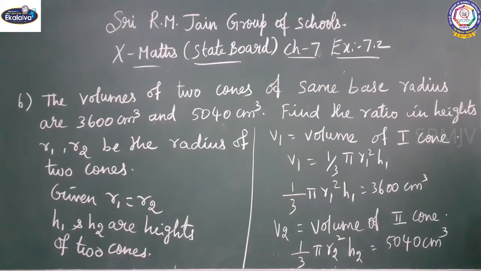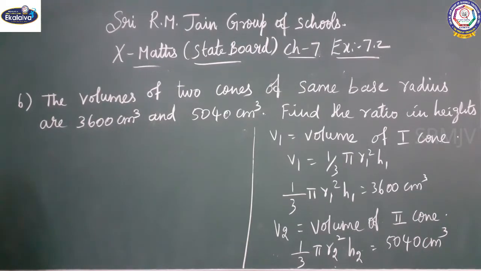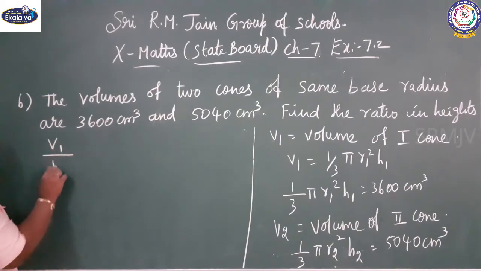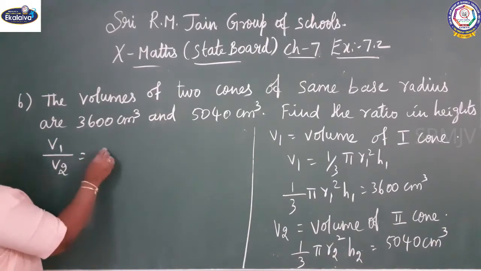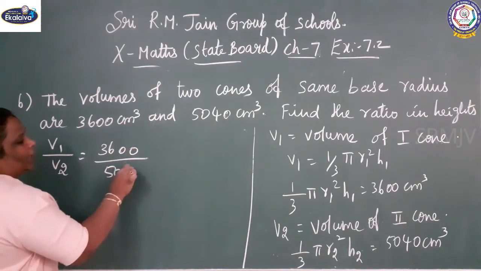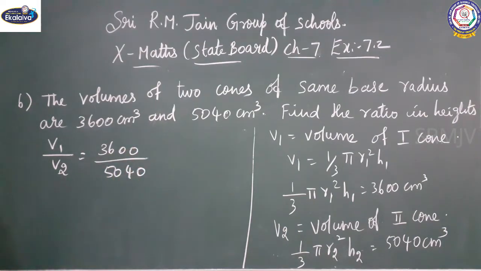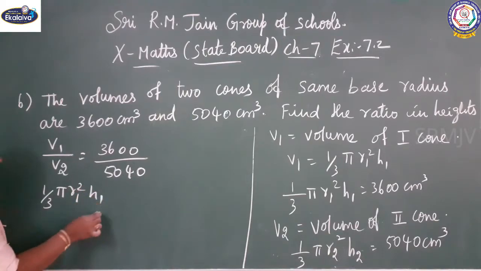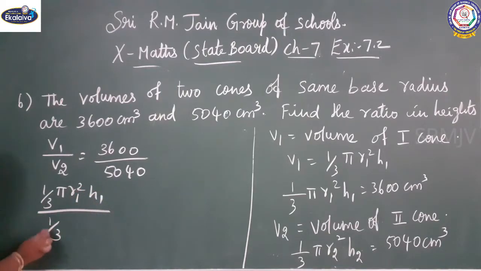Now you should find the ratio of the heights. See, you can take the ratio of volumes. V1 by V2 equal to 3600 centimeter cube by 5040 centimeter cube. V1 is nothing but 1 by 3 pi R1 square H1, by 1 by 3 pi R2 square H2.